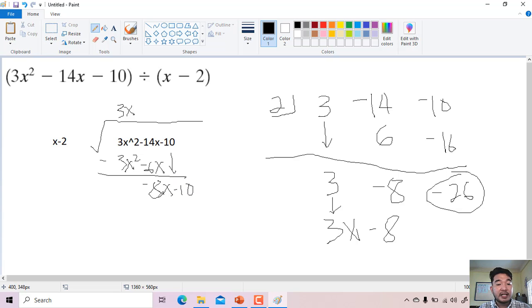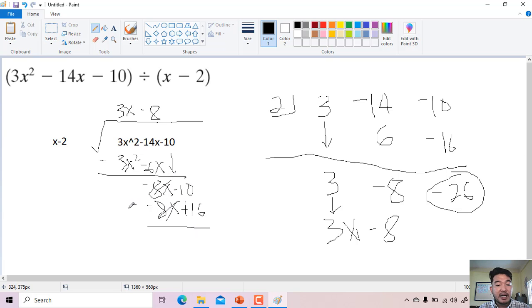Then we divide negative 8x by x, that is equal to negative 8. Then negative 8 times x is negative 8x. Then negative 8 times negative 2 is equal to positive 16. And then we subtract. So negative 10 minus negative 16, wala na to, no?